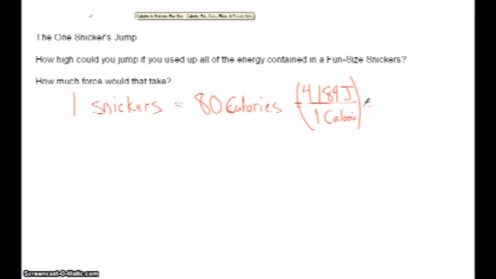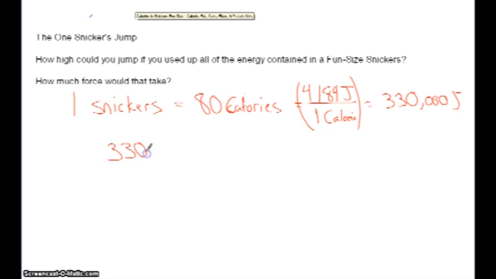So to find out how many joules we have, we take 80 and multiply by 4,184, and we find that is about 330,000, again keeping 2 significant digits. So 330,000 joules. Now we're going to look at how high we can jump with 330,000 joules.